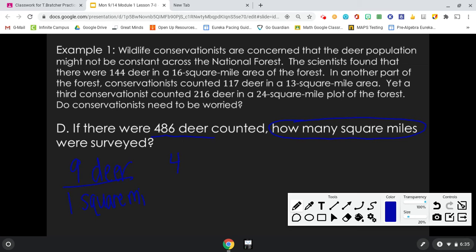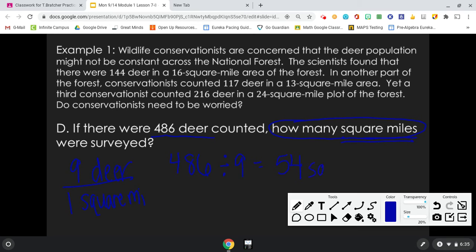So 486 divided by 9. And again, you're more than welcome to use a calculator. 486 divided by 9 is 54. And if you forget what units you're looking for, whether it's 54 deer or 54 square miles, it says how many square miles.